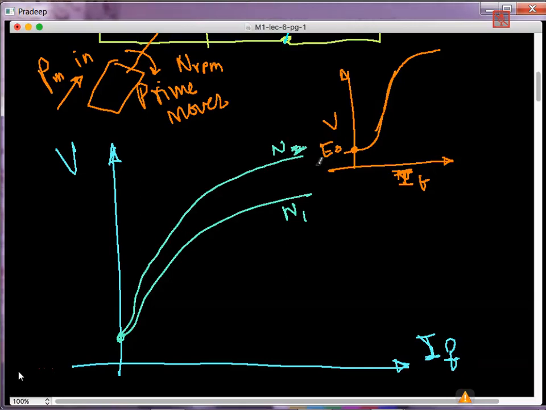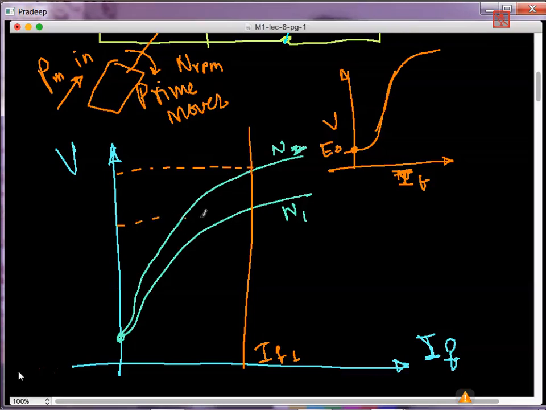This is the increased speed N2. If I consider a straight line like this, here the field current is, let's say, IF1. For the same field current, I can now generate higher voltage because the speed is higher. That way you will be able to get it. So this is about the OCC characteristics.